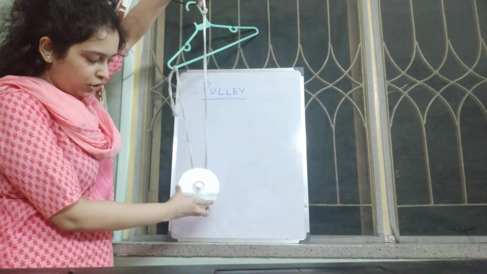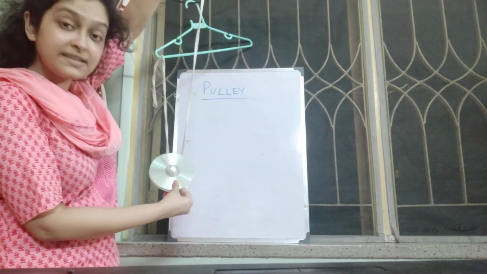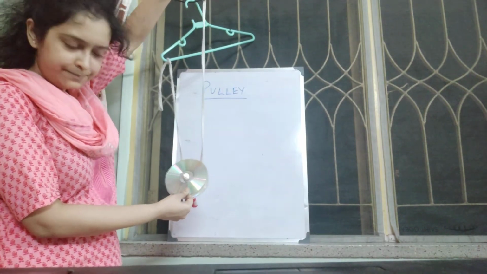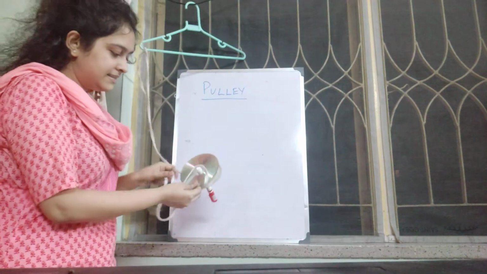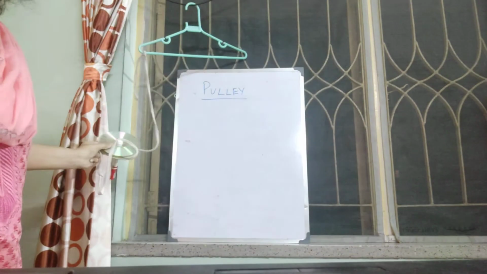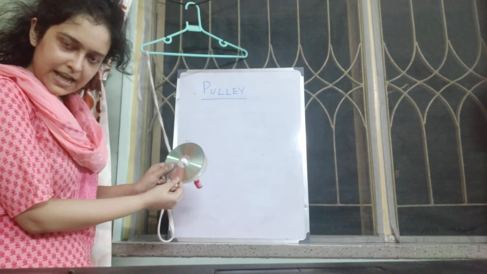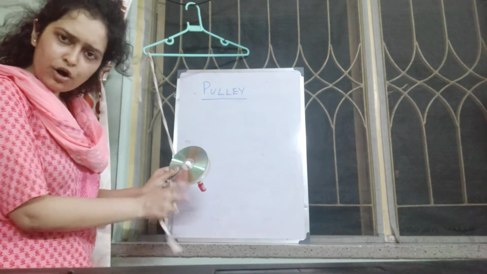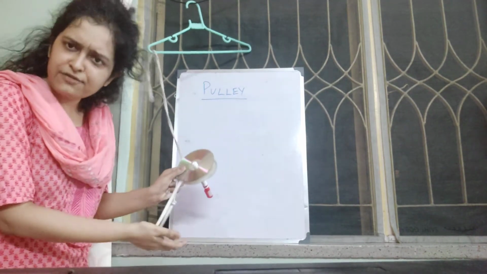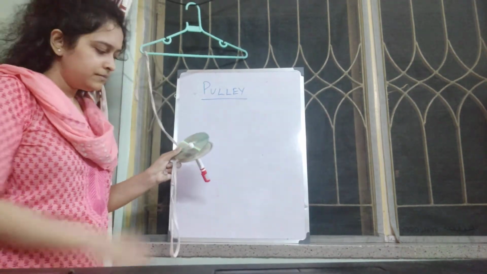Suppose I have a load attached with the help of a hook. See the second diagram of the pulley, this one. If I have a load attached to this end with the help of a hook, a load is an obstacle, any object which I want to move up, any heavy object.